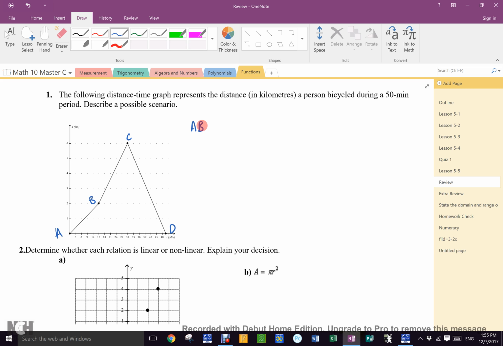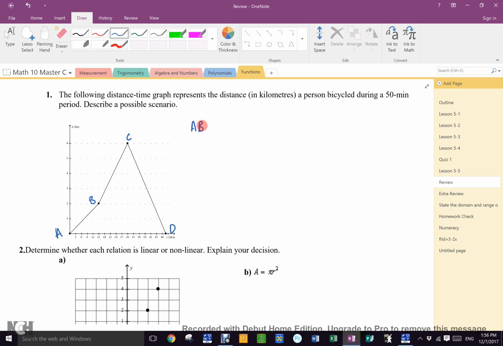Okay. Now, Jack has told me a story. Ronald has ridden his bike 2 kilometers in 15 minutes. Are we happy with that? Yeah. Sure we are. Right? Is that what's happened? Yes.